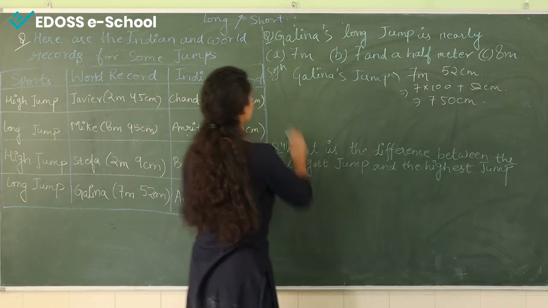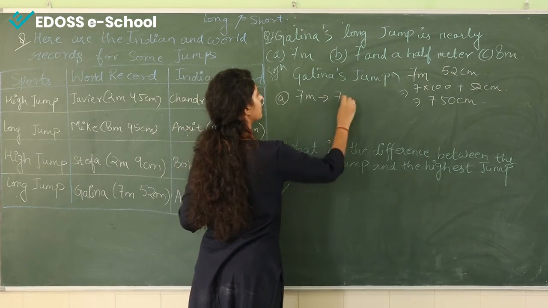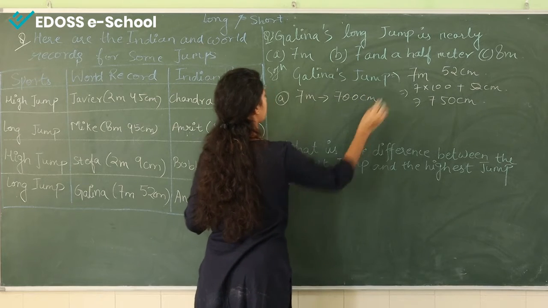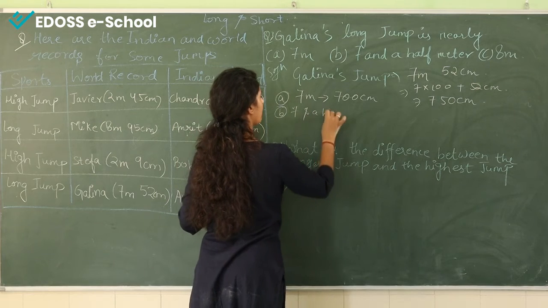So here first option is 7 meter, that is 700 centimeter. B option is 7.5 meter.